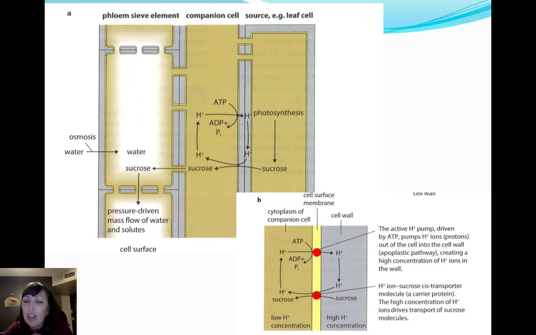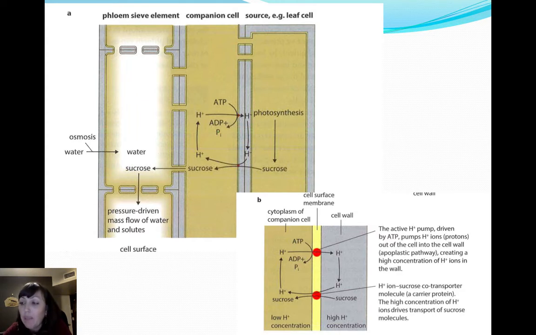Okay, and so a similar thing is happening with unloading. Unloading occurs into any tissue which requires sucrose. So any tissue that's requiring food, essentially, whether that's the root or a berry or a flower, right? Anything that needs sucrose. So it's probable that sucrose moves out of the phloem into these tissues using both symplastic and apoplastic routes as well.